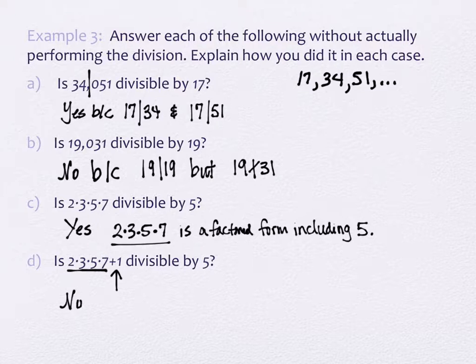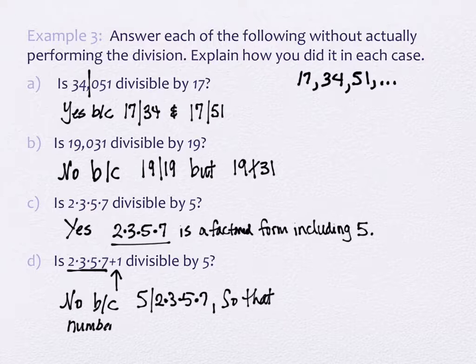So, all right, I think that's the one I had written down here. Yeah. So no, because 5 divides 2 times 3 times 5 times 7. So that number ends in 0.